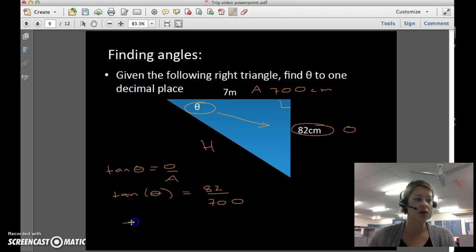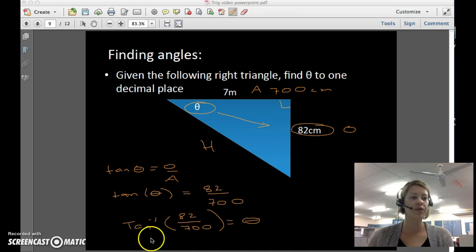So what you write is tan -1, that's the inverse. Now instead of theta, we put in the fraction that's on the other side, so it's 82 divided by 700, and that's going to equal the value of theta.